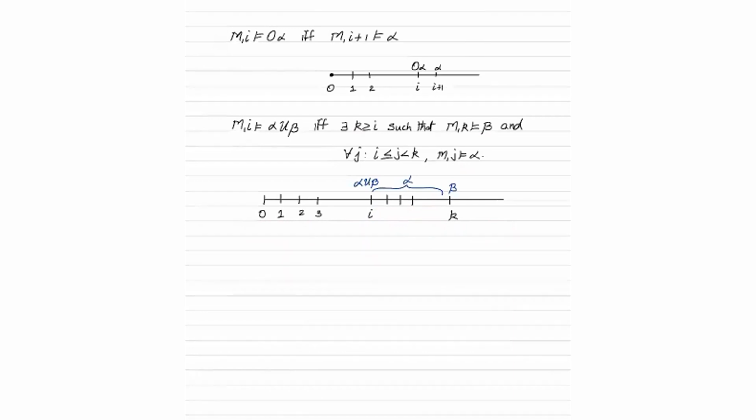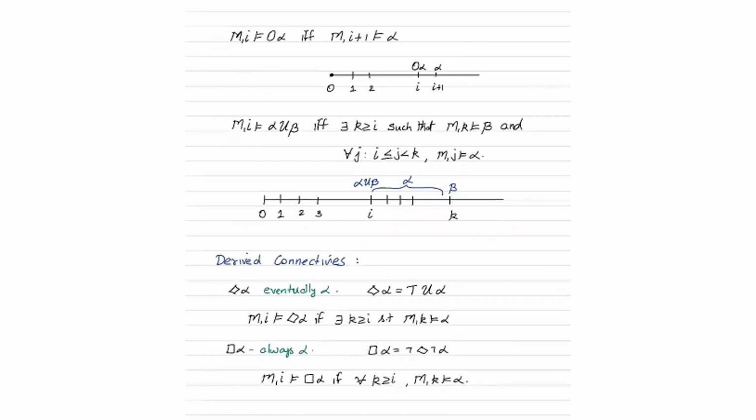All right. There are a couple of derived connectives, and let me define those and then give you examples. These are derived connectives which are useful. Diamond alpha talks about eventually a property being satisfied. At time instant I, diamond alpha holds if there is some point in the future, some k, where alpha holds.